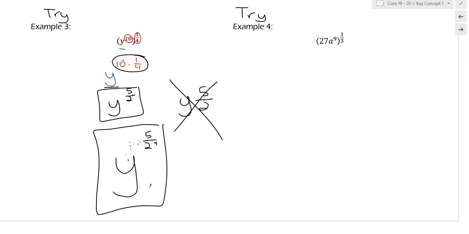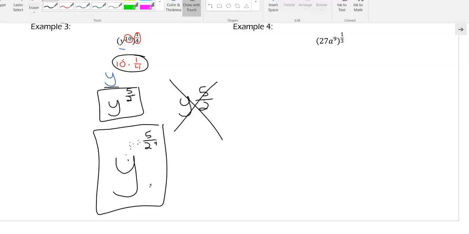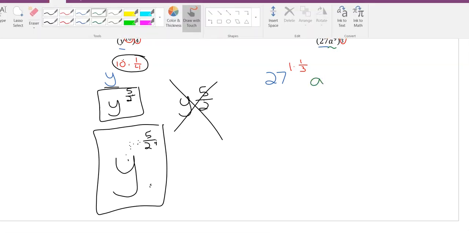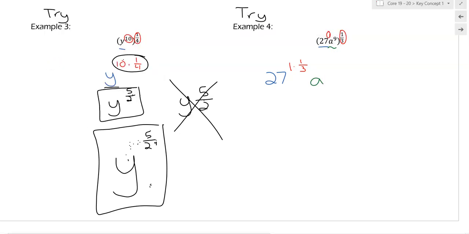Example 4, 27a to the 9th, all to the 1/3. This is just like example 2, right? I have my 27. It has an exponent of 1, and then the 1/3 on the outside. And then we have our a, which has an exponent of 9 and the 1/3 on the outside.